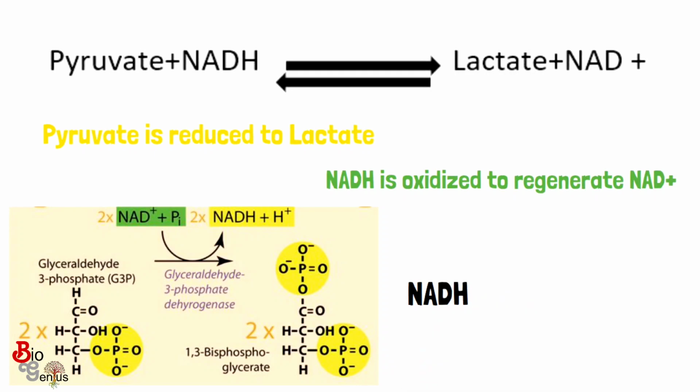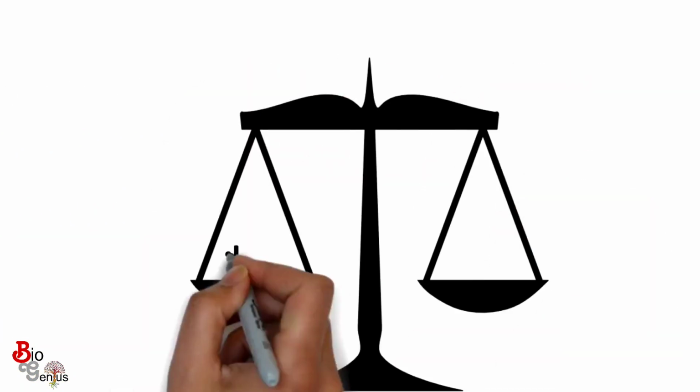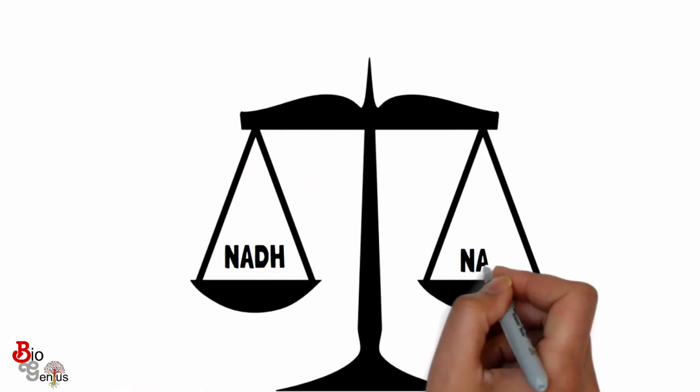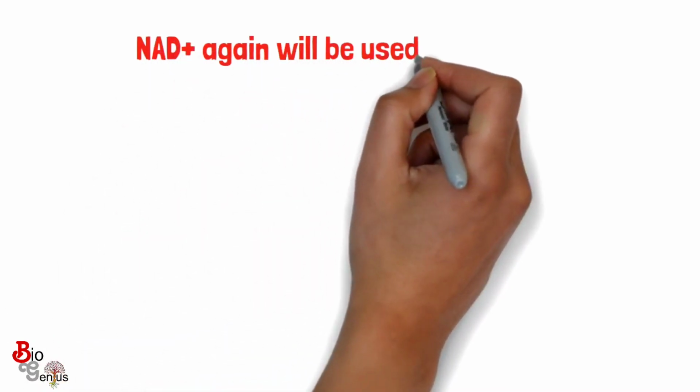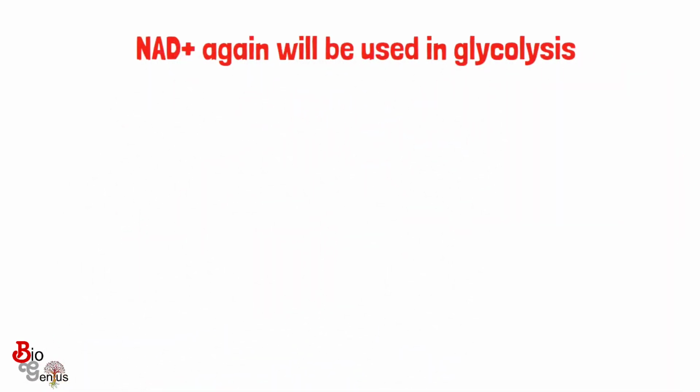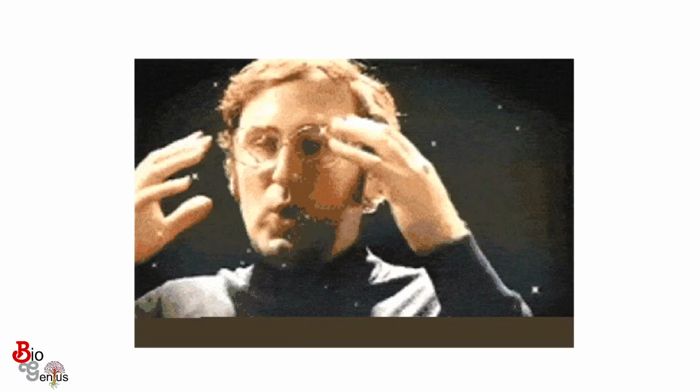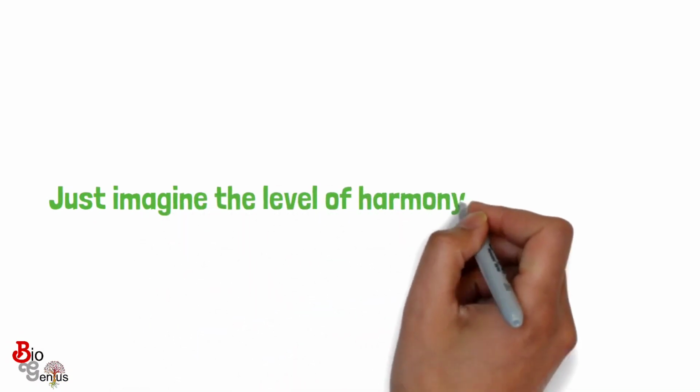In this step, that NADH is again oxidized to NAD+. Hence, the balance between NADH and NAD+ is maintained in the cell. This regenerated NAD+ will again be used in glycolysis. Isn't it interesting? Just imagine the level of harmony cells maintain.